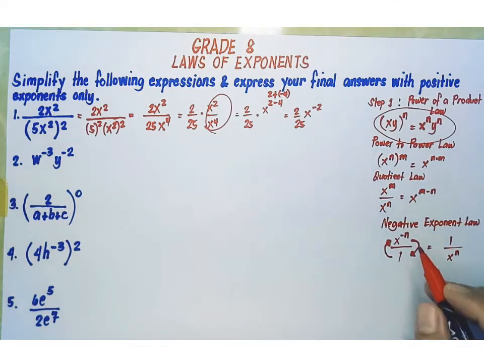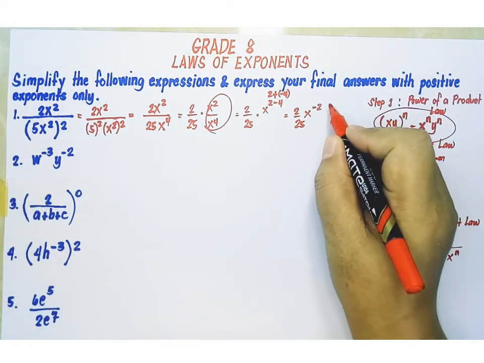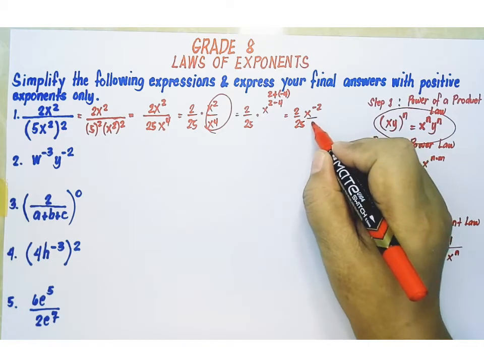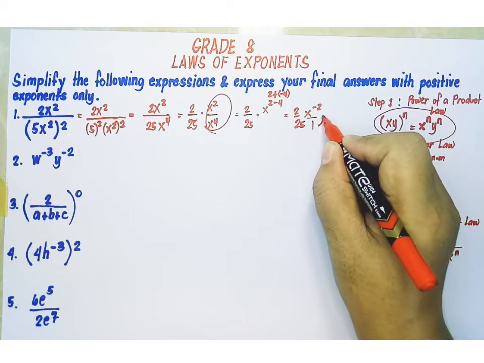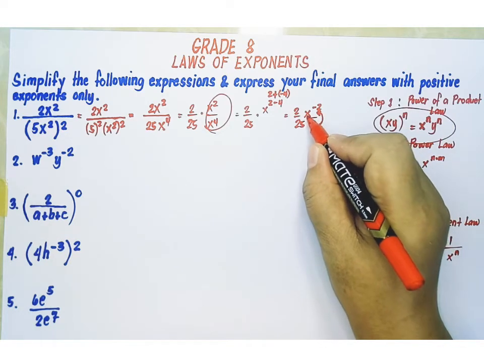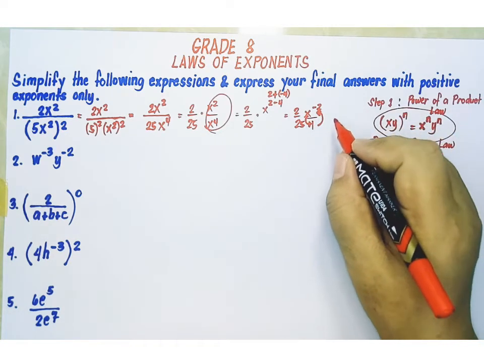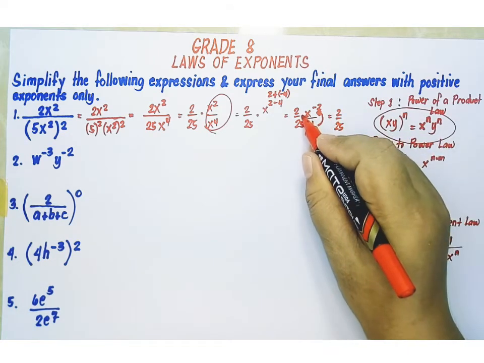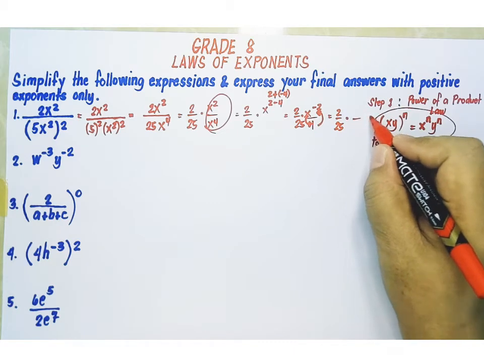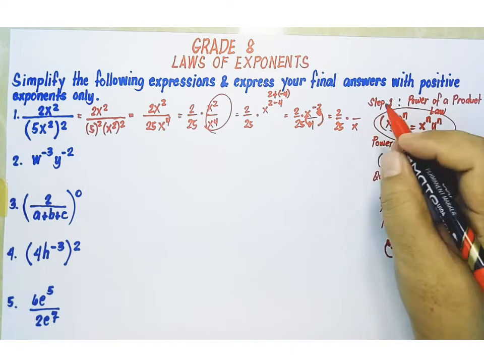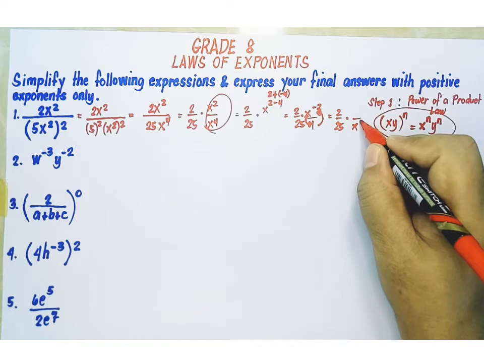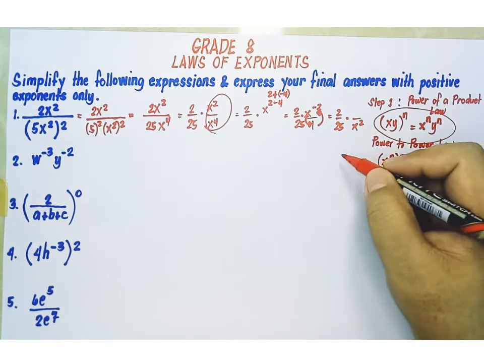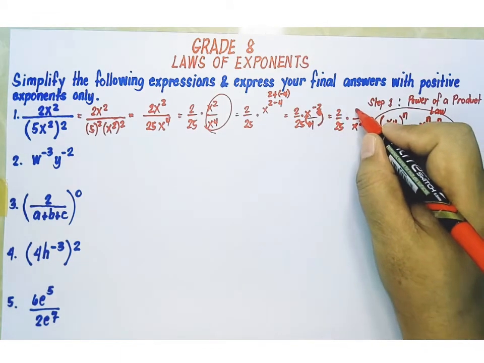So, let's apply the negative exponent law. X raised to negative 2 has an invisible denominator of 1. So, we flip. So, this is like a fraction. Pag if-flip mo yan, magiging 2 over 25 times the exponential term becomes the denominator and the exponent becomes positive. Yung 1 goes up.